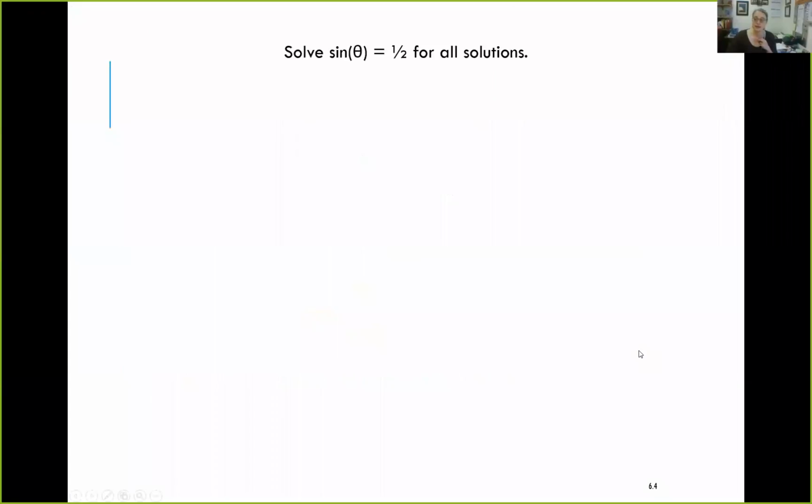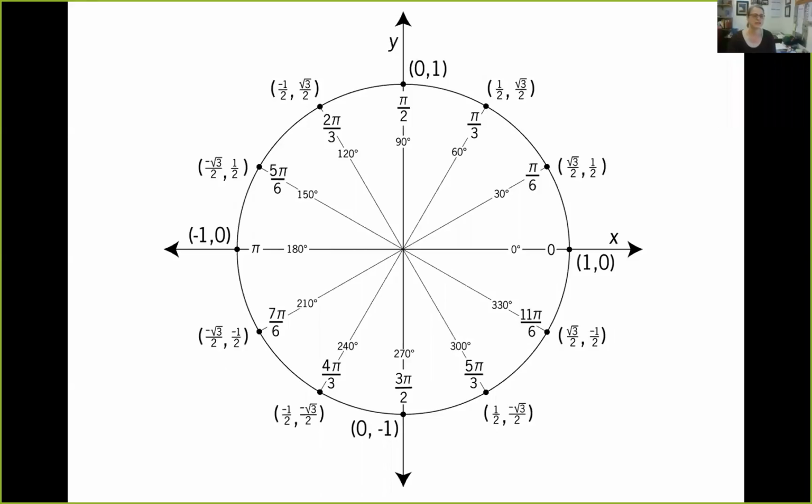And let's just jump right in. So I want to solve sine of theta equals 1/2 for all solutions. Now we can look at our unit circle and find the angles for which sine is 1/2. Sine, remember, is related to which? Yes, the y coordinate.